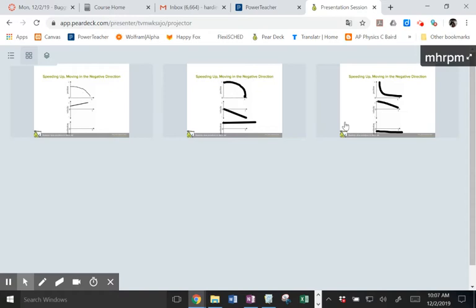So when is it going fastest? That's when your position time graph should be steepest. So double check what you have and make sure you're in agreement with that idea. It starts from rest. That means its velocity is close to zero. That means your position slope should be pretty close to zero.